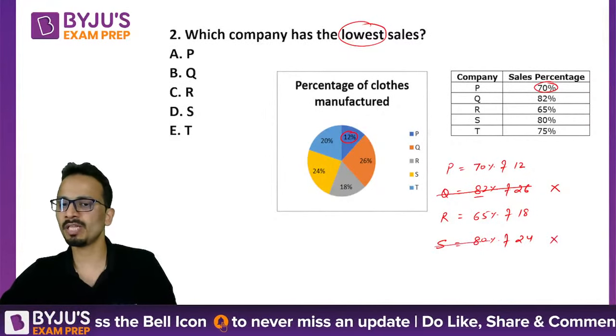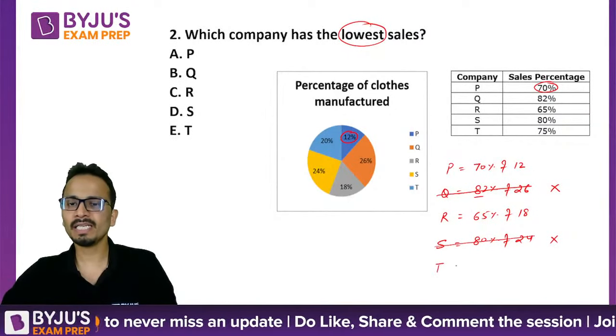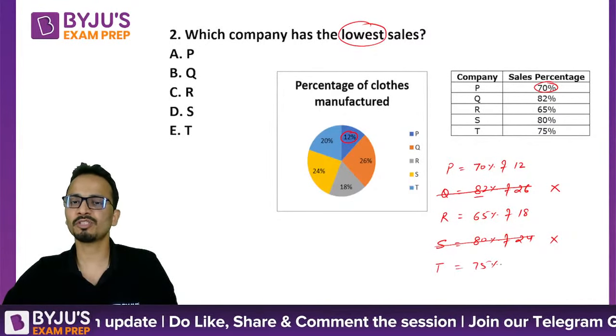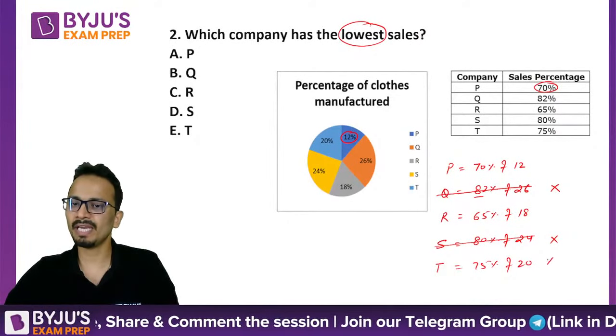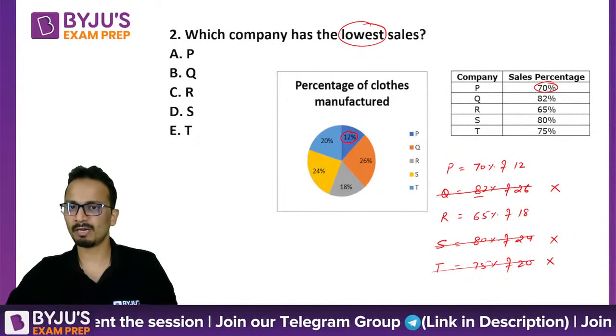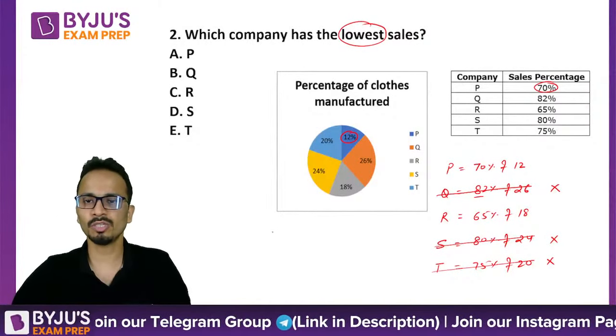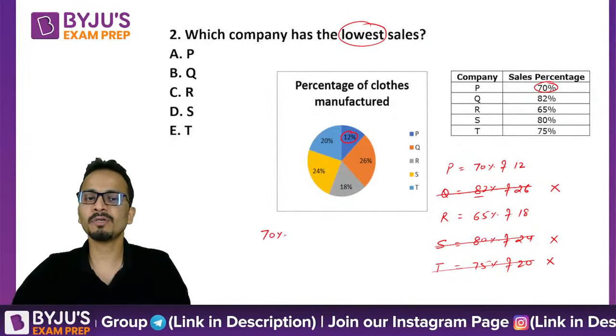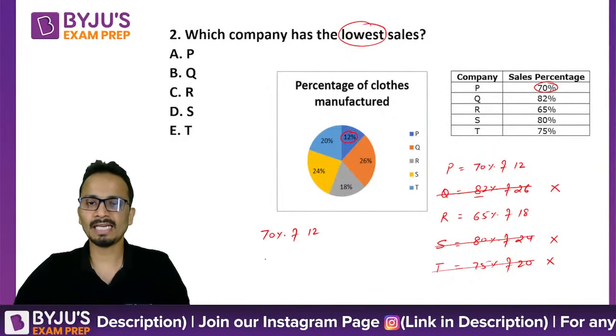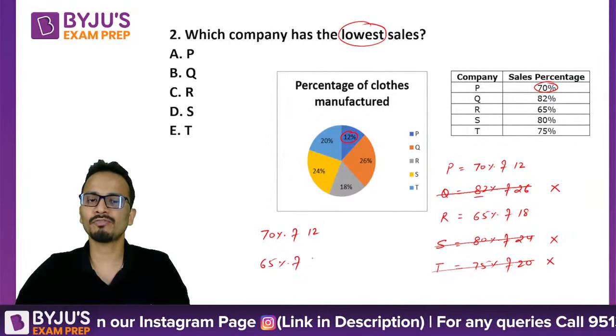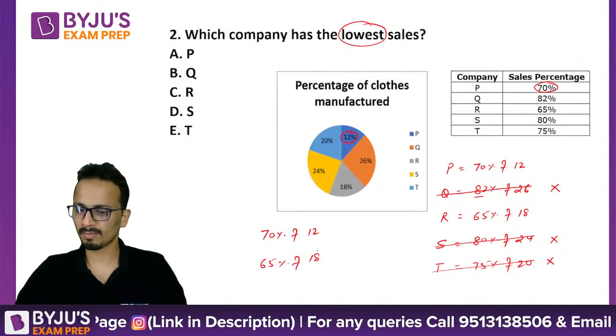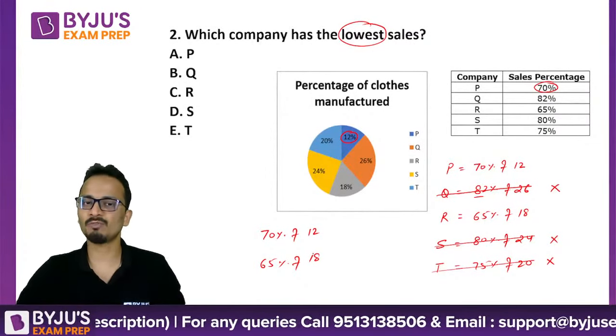So S cannot be the lowest. Similarly, T, which is 75% of 20, can be eliminated on the same grounds. So I'm left with two values to compare: 70% of 12 and 65% of 18. Okay, fine. These are the two values that I have to compare.